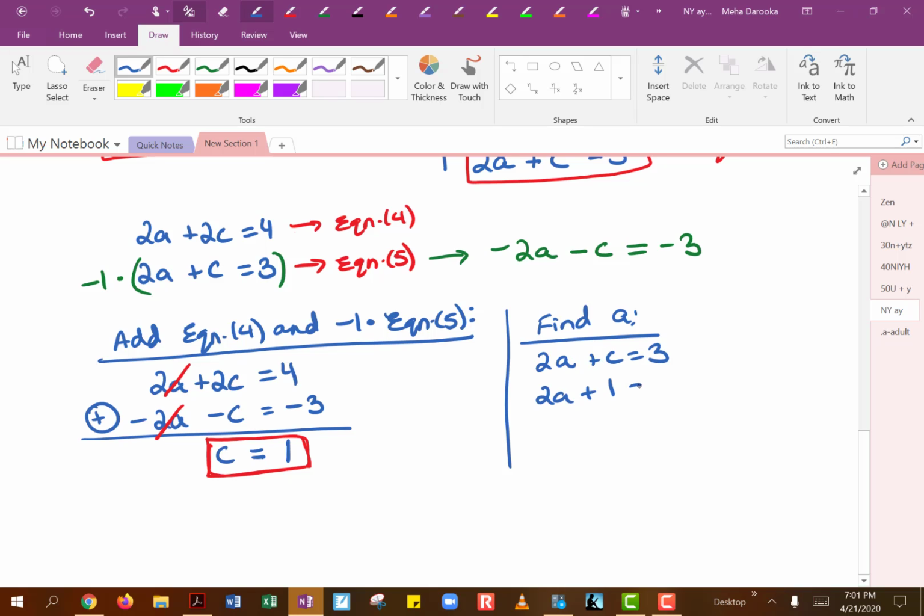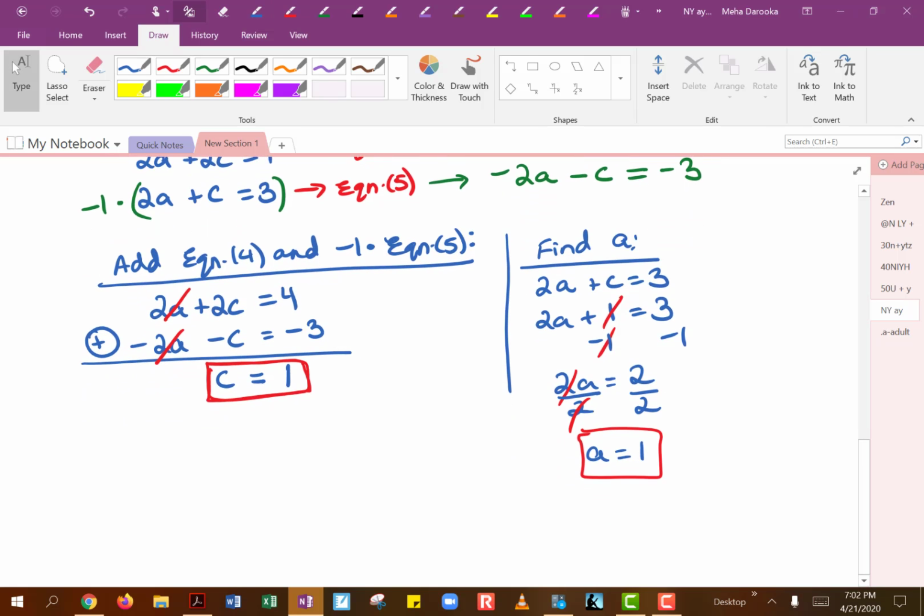If c is 1, then we subtract that 1 on both sides, and we end up getting 2a equals 2. Divide both sides by 2 to get a by itself, and you will of course see that a comes out to be 1.